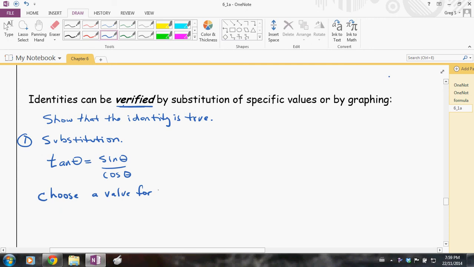Choose a value for theta, and this is our choice, and then test to see if it works. I don't have my calculator ready to go here, but let's say we picked theta equal to 1.9. Then we'd get our calculator going, and we'd ask, what's the tan of 1.9?